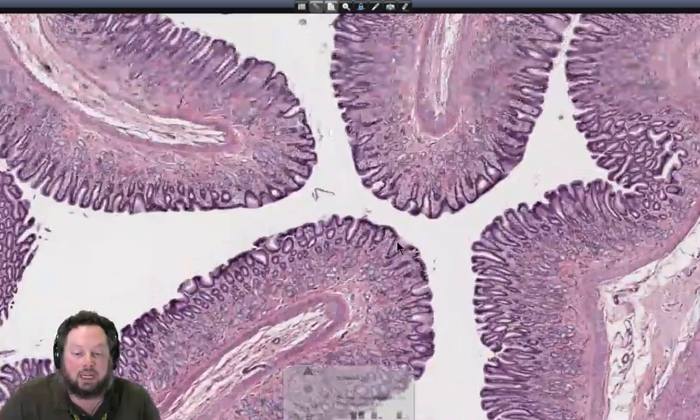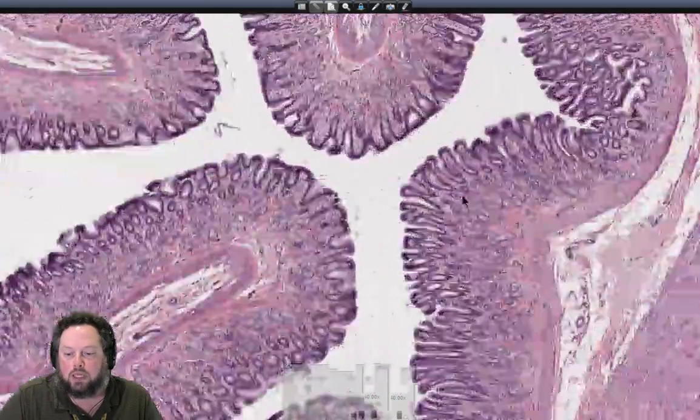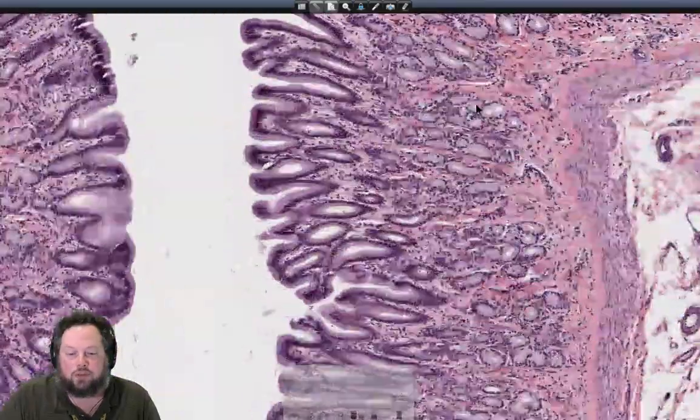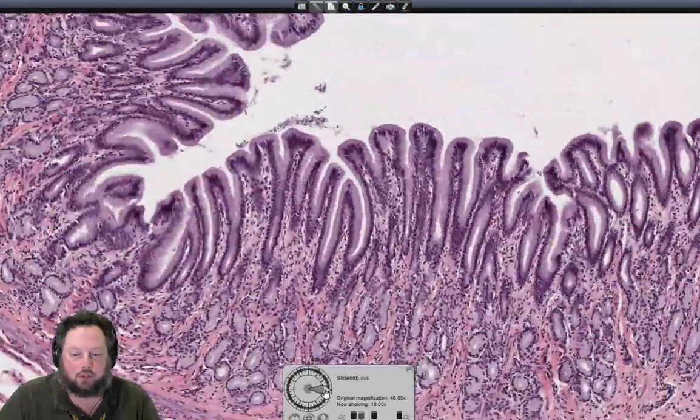Now, I really like this slide. I think it's really well stained and shows some of these features of the pyloric region of the stomach, being classically that we have these very deep gastric pits. So you can see this lumen here. I might just rotate it a little bit so you can see it.